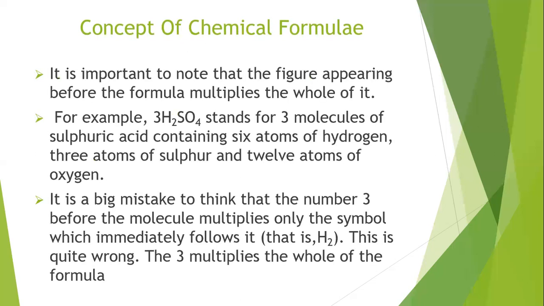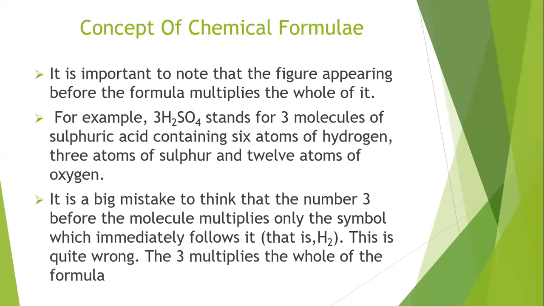It is important to note that the figure appearing before the formula multiplies the whole of it. Take the example of 3 molecules of sulfuric acid. The 3 that stands before the H2SO4 multiplies all the atoms within the compound.